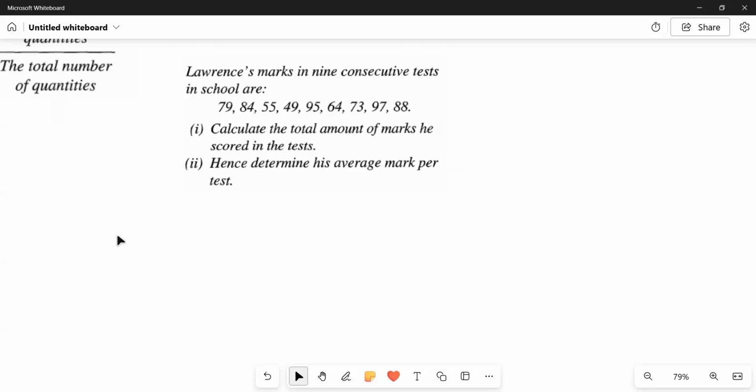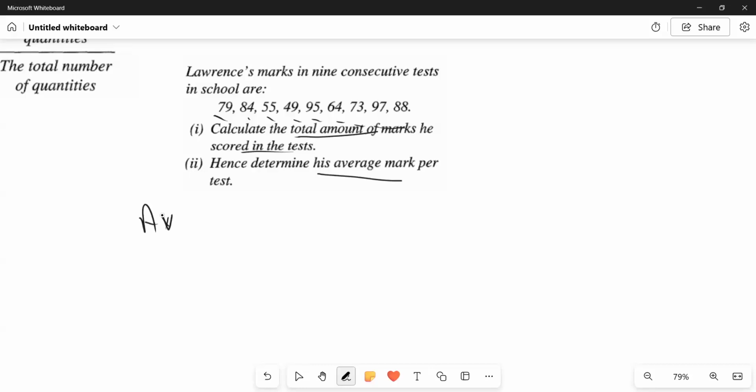This person did 9 tests, and these are their marks for each of the tests. The question asks you to calculate the total number of marks in all the tests, so you add all those up. And then they ask you to determine the average.